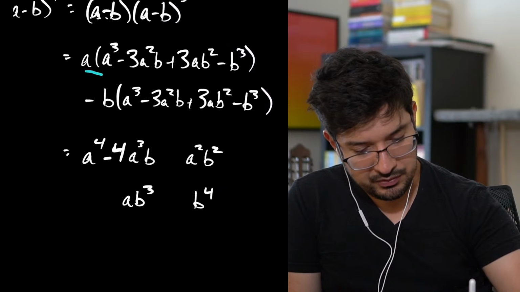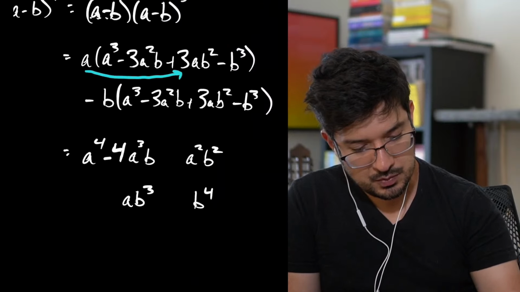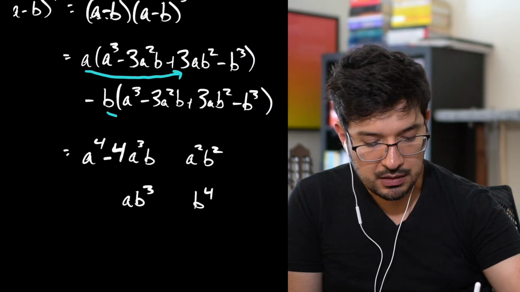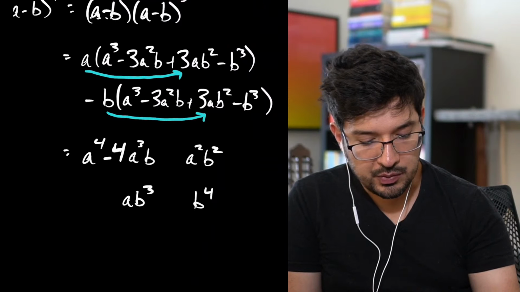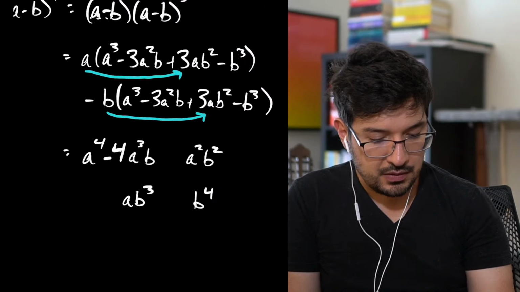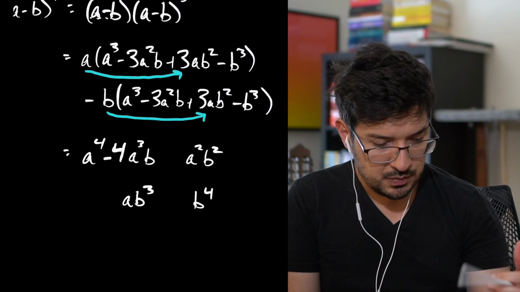Then a squared b squared terms, we can distribute a times that one and then a squared b squared here. So we've got... something feels off.